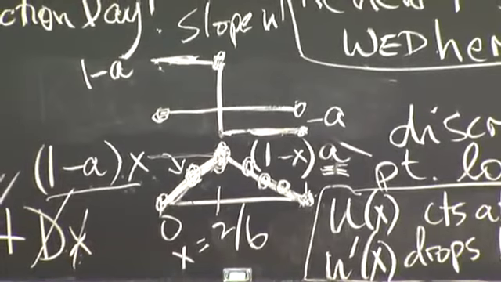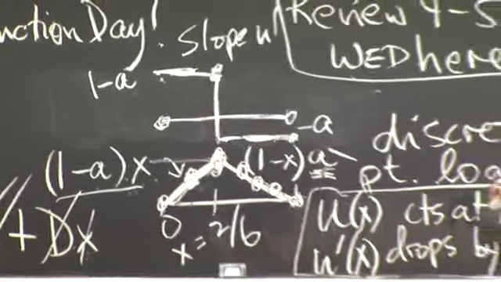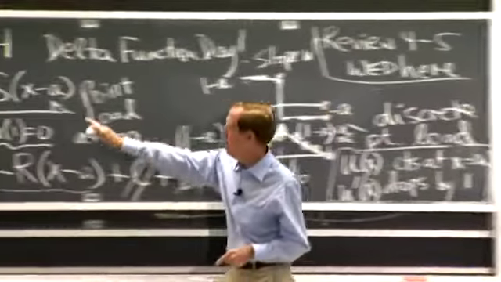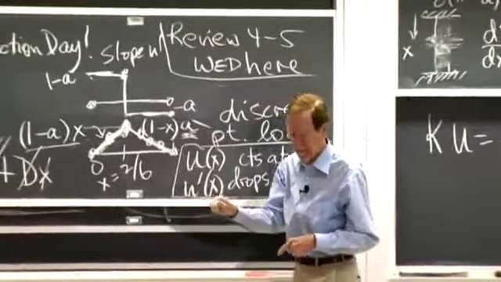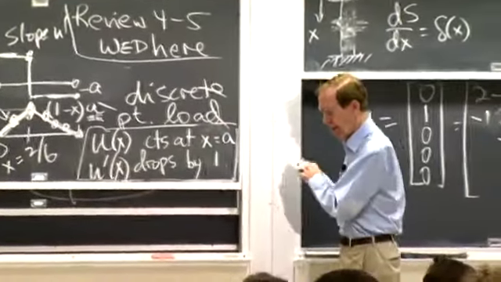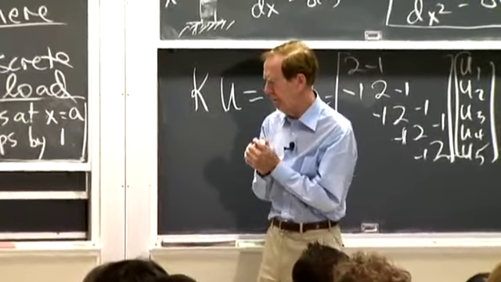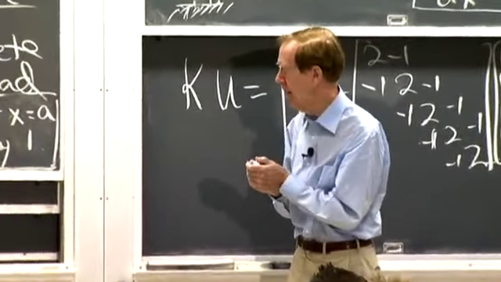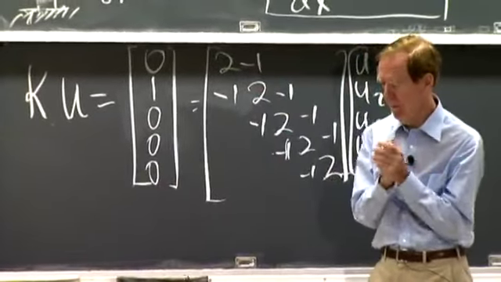I'm claiming that, as you remember for the uniform load, when we had second derivative equal 1, the solution was a perfect parabola, and the discrete solution, the difference equation, was right on the parabola for this fixed case. It's going to happen again. So it won't always happen.